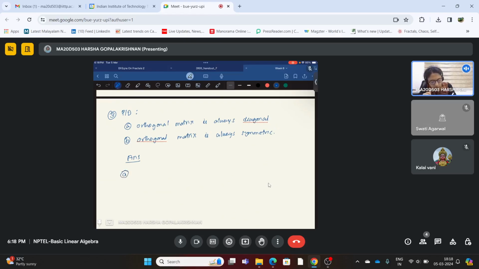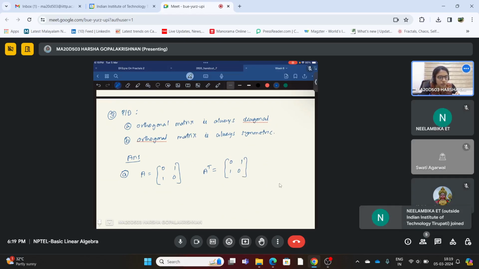For the first case, I'll give you the example 0, 1, 1, 0. This is my A. What is A transpose? A transpose is again 0, 1, 1, 0. Here it is not a diagonal matrix, it is an off-diagonal matrix.